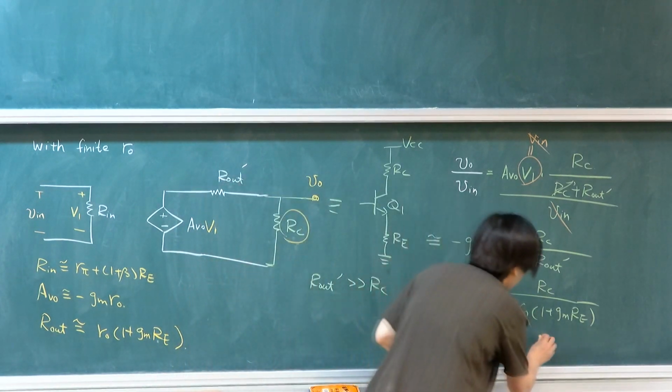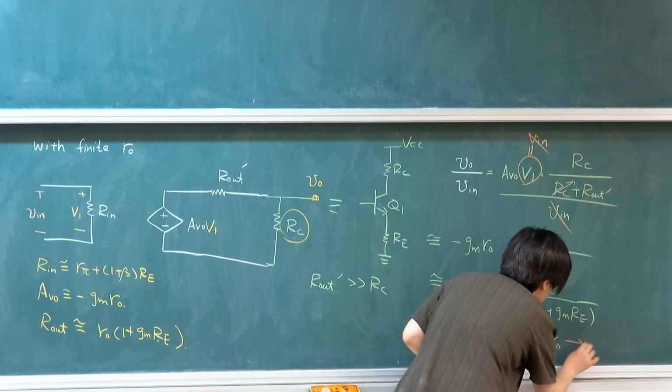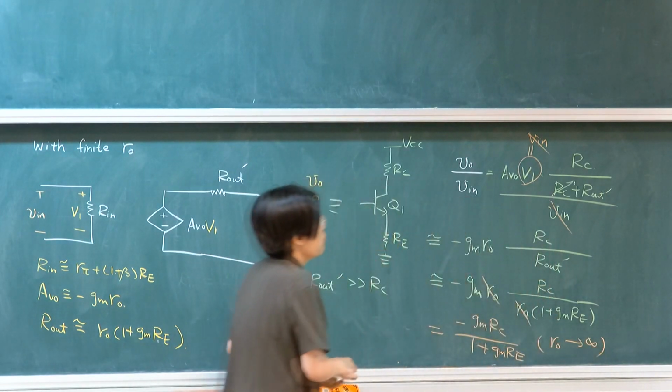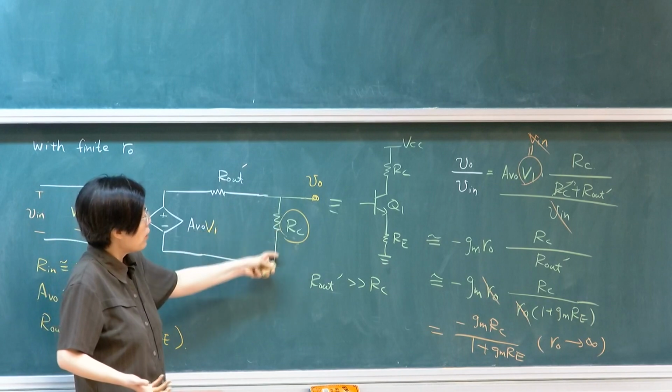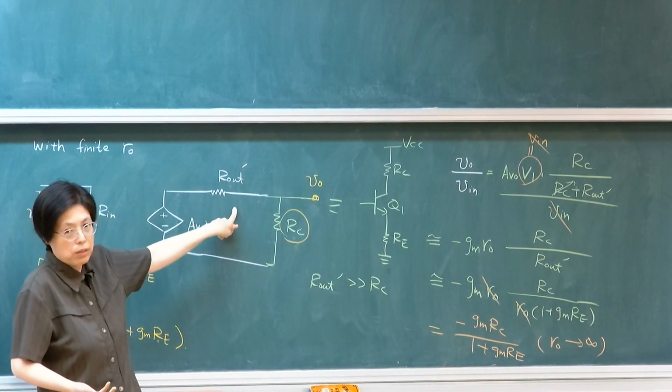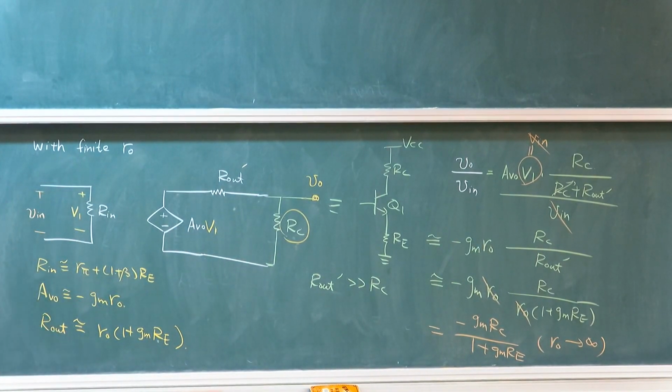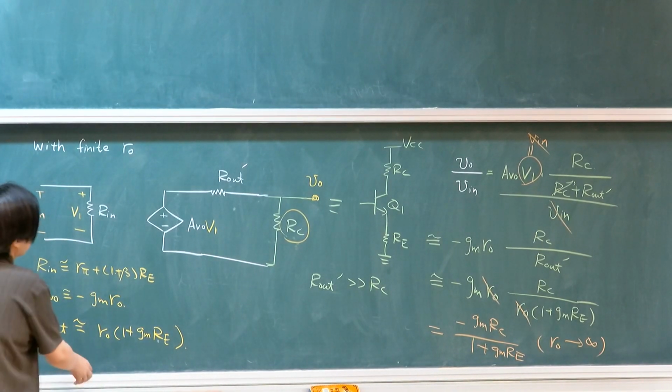This is the same as RO being infinite. So you don't actually see the impact. The main reason is that as output resistance increases, you see the impact in attenuating the results at this terminal because you boost your output resistance a lot.